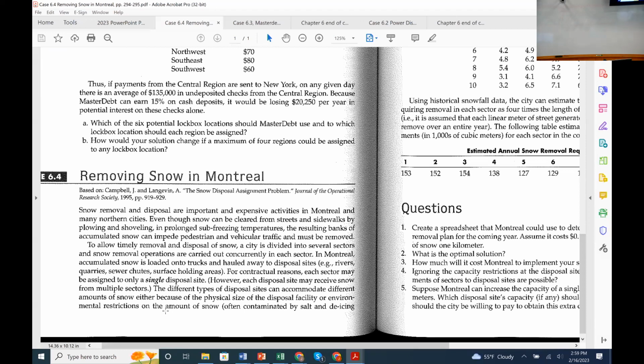A lot of disposal sites are like a gully or a ravine with a creek running through it, and you dump it into the creek or the ravine. And the physical size of that ravine might be very, very large, but then when it melts, you can't have too much salt and too much toxins relative to the flow of that water, or else it will harm the fish and the amphibians that live in that spot. So that's the other place that you get constraints.